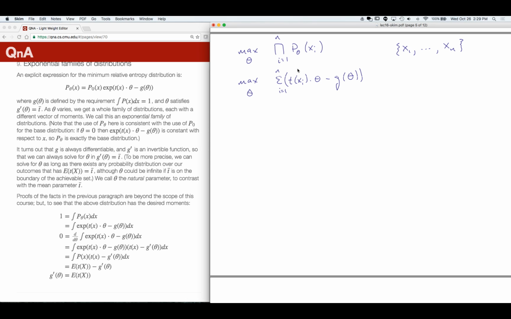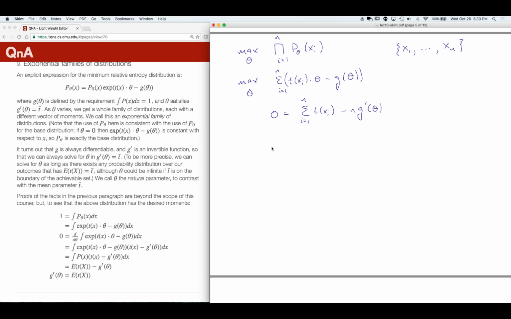So the derivative of this term, the theta just drops off. And so I have 0 is equal to the sum from i equals 1 to n of t of xi minus the sum from i equals 1 to n, but since this doesn't have an i in it, that's just n times the derivative of this term, which is g prime of theta.